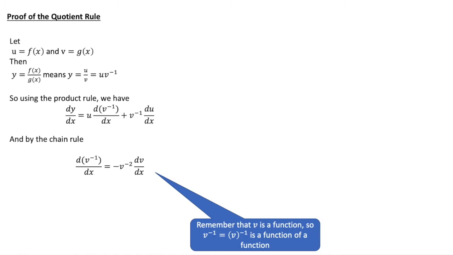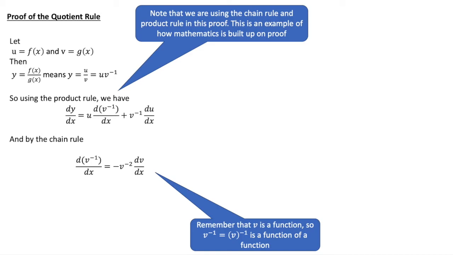Okay, also note here that we're using the chain rule and the product rule to prove the quotient rule. And this is a good example of how mathematics is built up on proof. We prove things and then we can use them to prove other things.